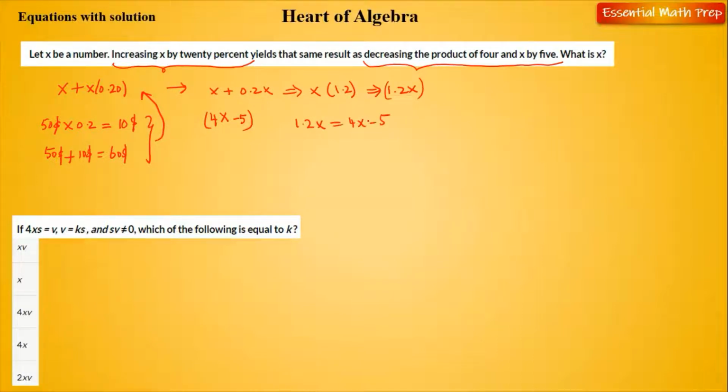So you can bring 5 to this side and take the x to the other side. So 5 equals 4x minus 1.2x, which is 2.8x, right?